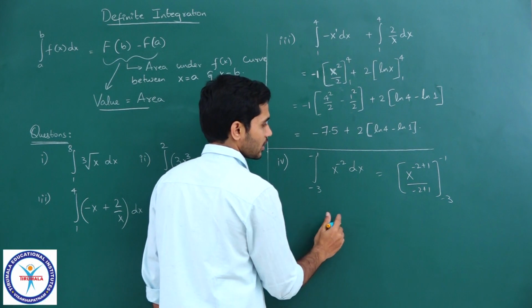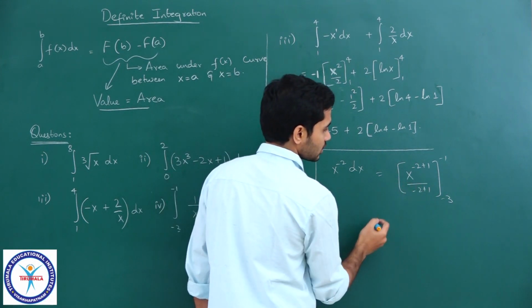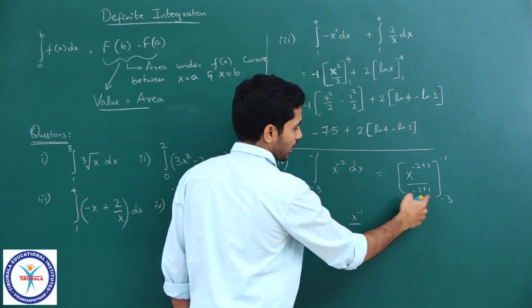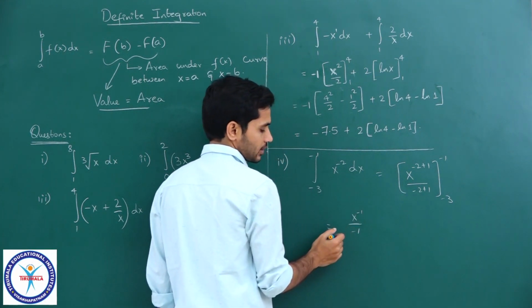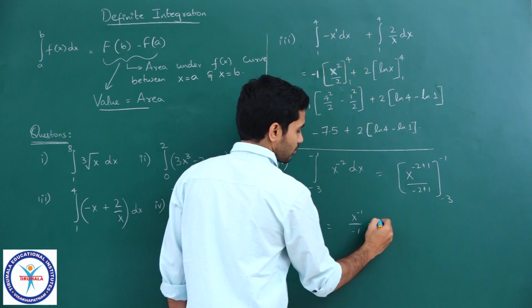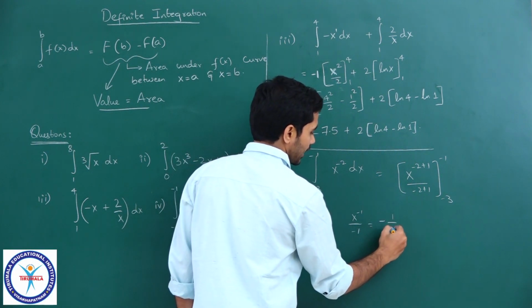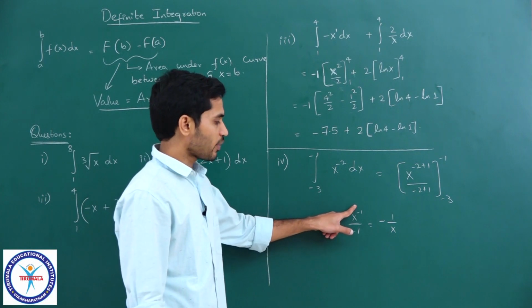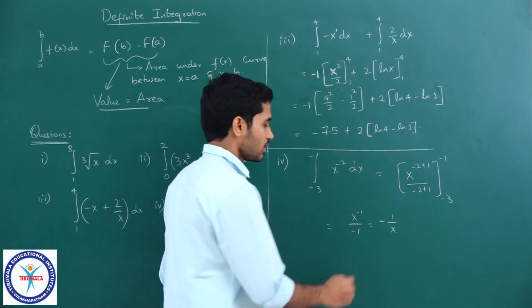What do I get here? This is x power minus 1 by minus 1, correct. So, this is nothing but minus 1 by x, as x power minus 1 means 1 by x.